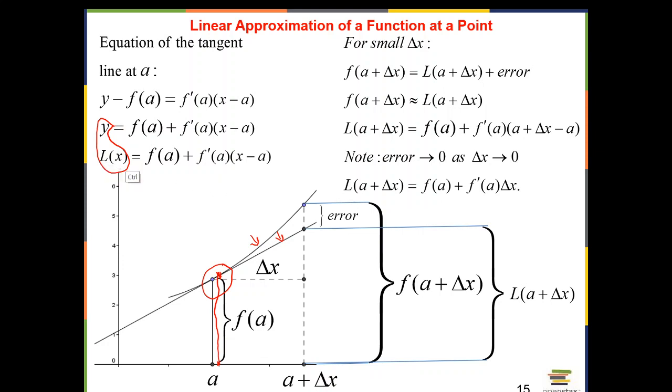And we call that the linearization of the function, L of x. So instead of y, we call it L of x. All right, now, when we substitute a plus delta x here, a and a get canceled. So what we get is basically that. And that is a way to approximate function values using the tangent line.